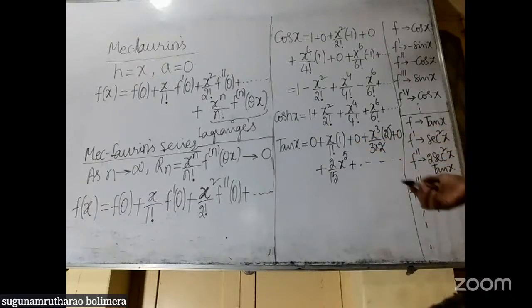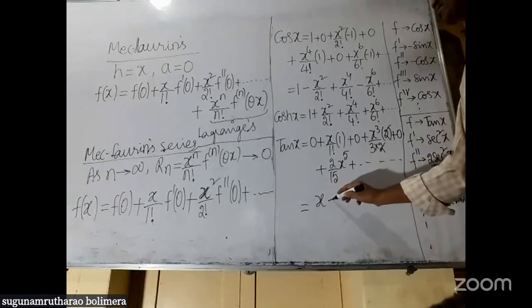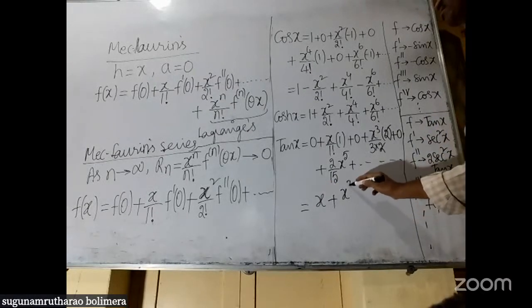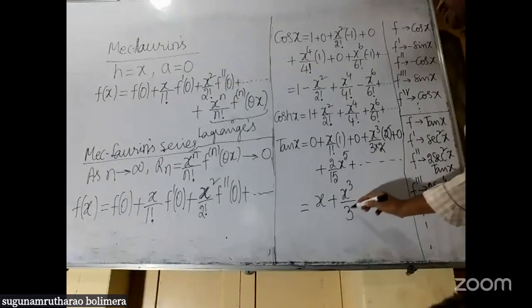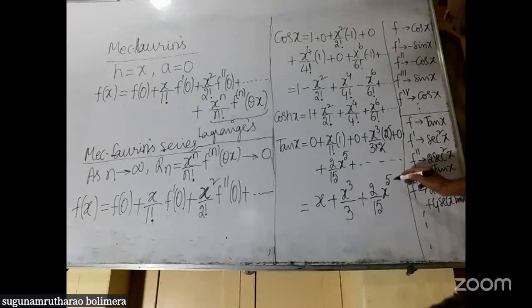If you write the fourth derivative and fifth derivative, then definitely you will get tan x is nothing but x plus x cube by 3 plus 2 by 15 x power 5 plus so on. Please note down, make it quick, fast.